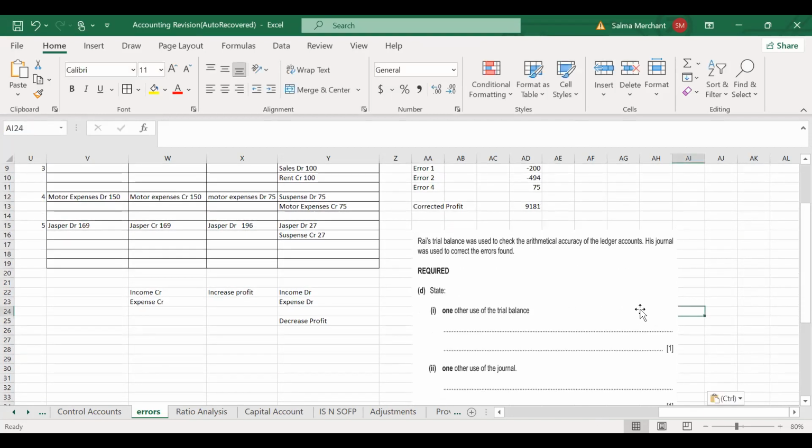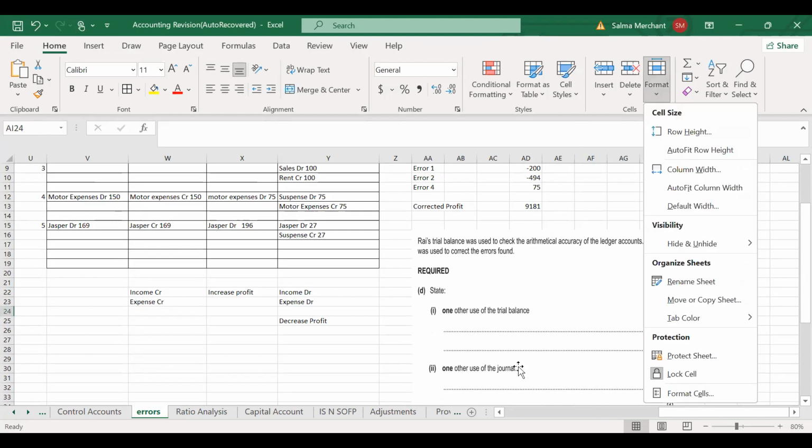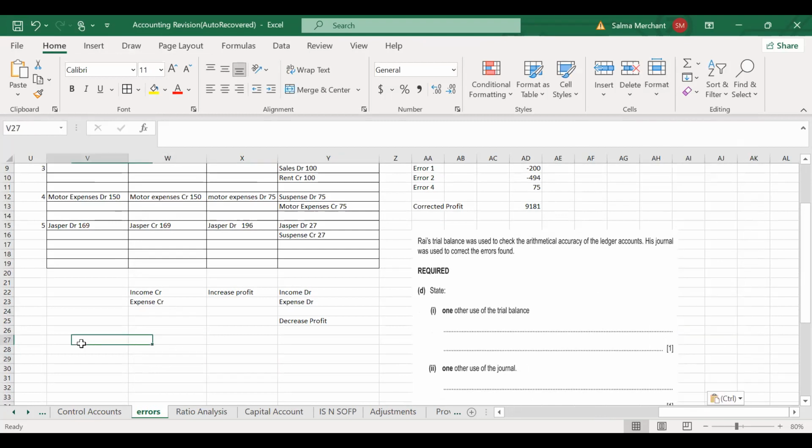The other use of the trial balance is that it assists in the preparation of financial statements.